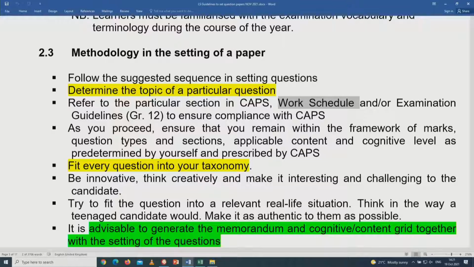And then, and listen to what I'm saying, I'm starting with section B. Because when I slot in these rough questions into section B, then I can come back and just fill up gaps in my content and cognitive demand by then putting in my multiple choice.